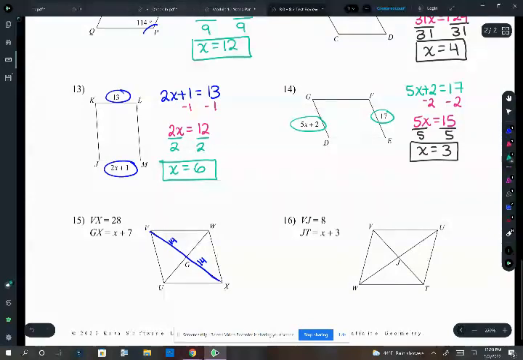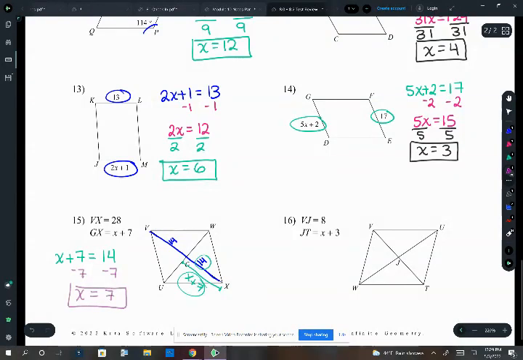The other thing that we're told is that from G to X, which is this section from here to here, that section is x plus 7. So we're going to set these two equal to each other because they're both in the same position. So we have x plus 7 is equal to 14, not 28 because we've divided it in half. And then we're going to subtract 7 from both sides. So we get x is equal to 7.